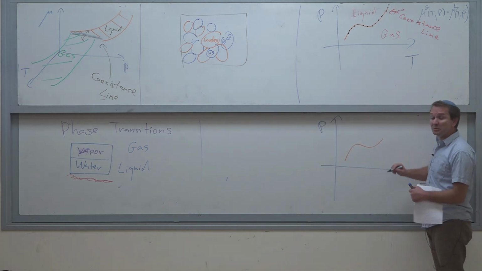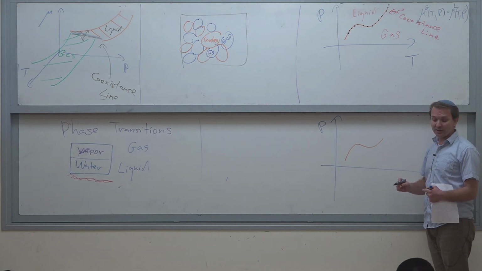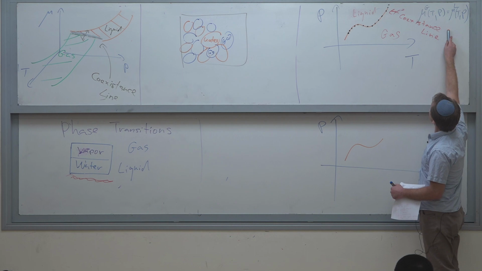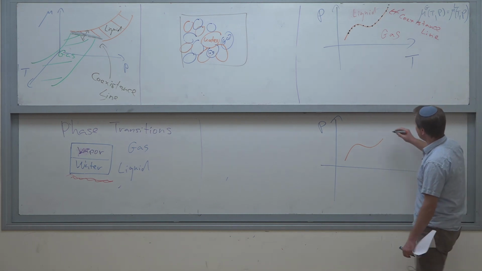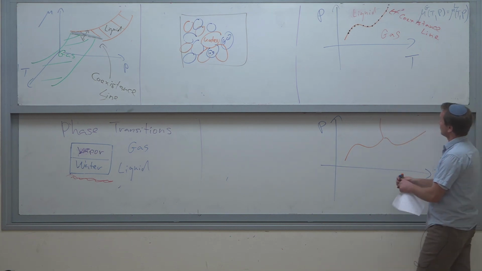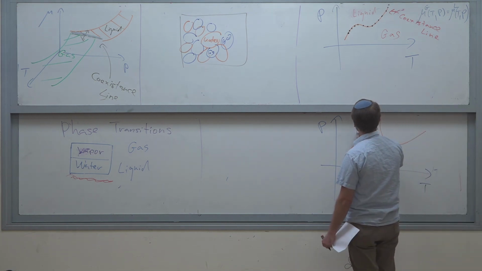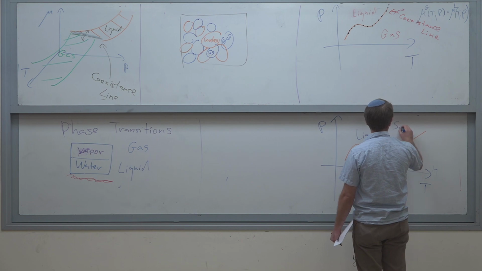So basically, for this coexistence line, how it's obtained is from considering the equivalences of the chemical potentials. So we'll have something like this. We will have liquid, we will have gas, and we will have solid.